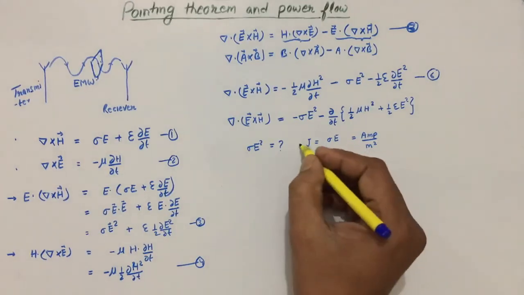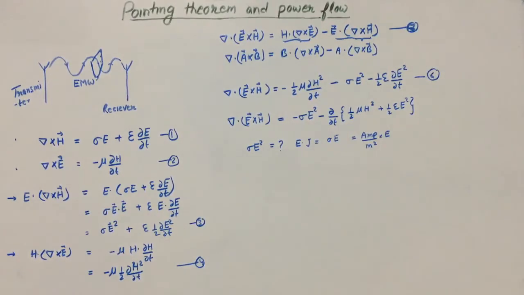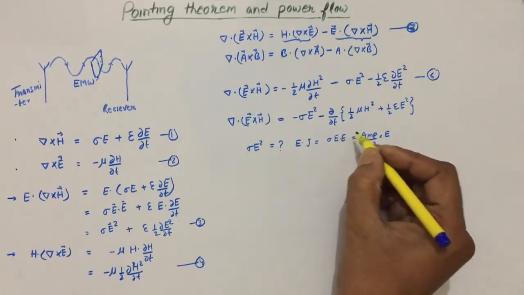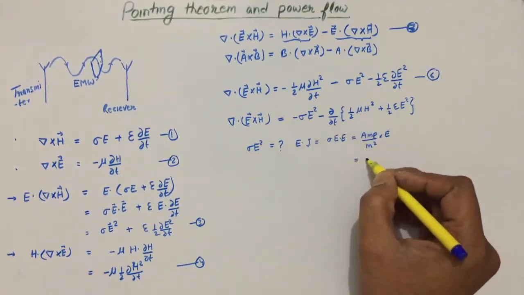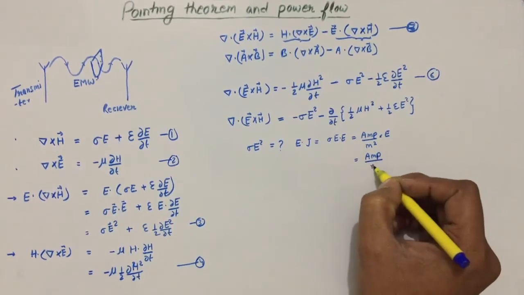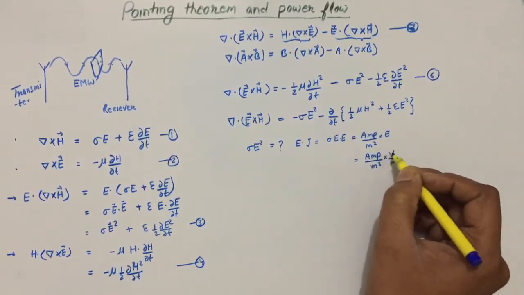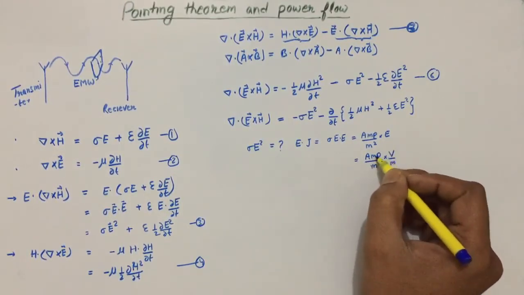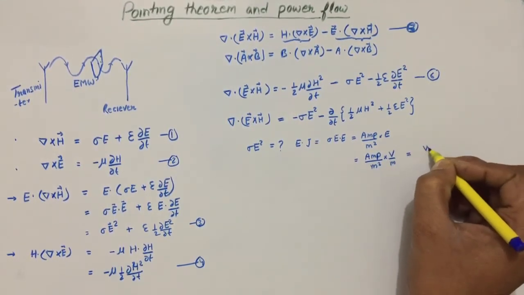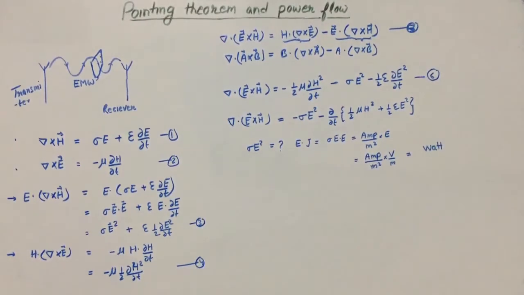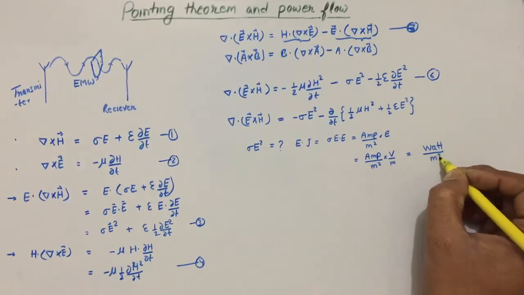If we multiply by E, then we will get this term, and if we put the unit of E, that is volt per meter, then the top term is nothing but VI, and VI we can say is power, that is power per meter cube.